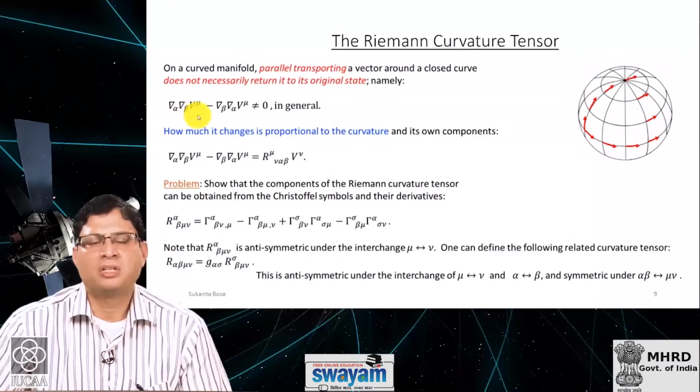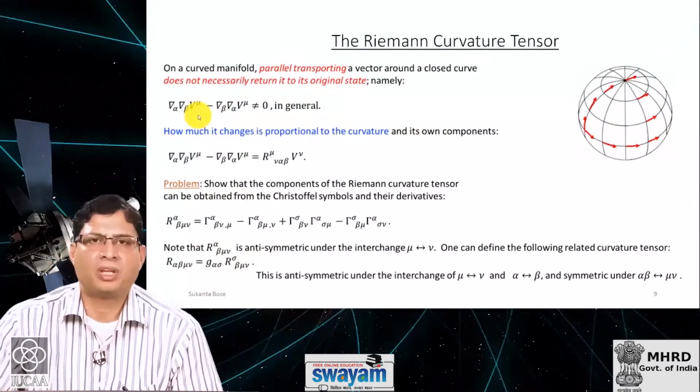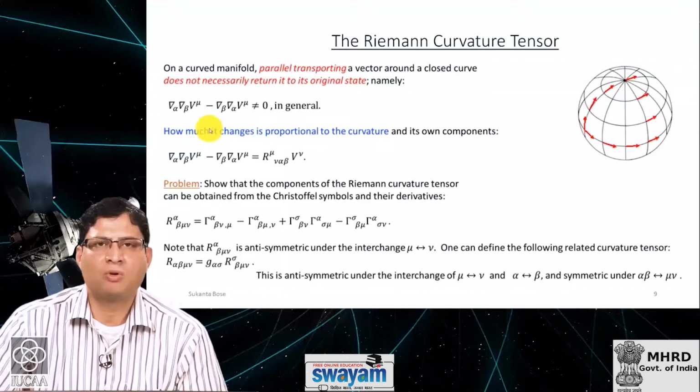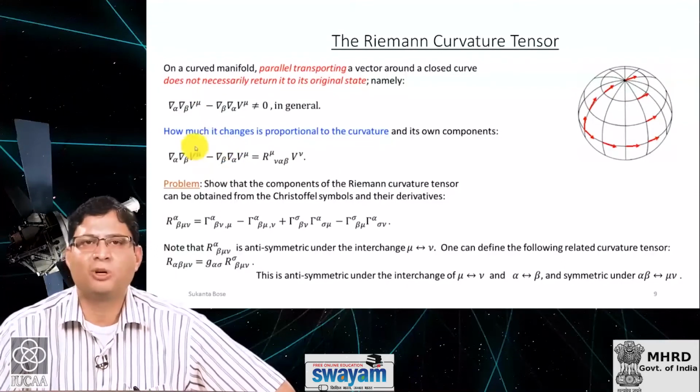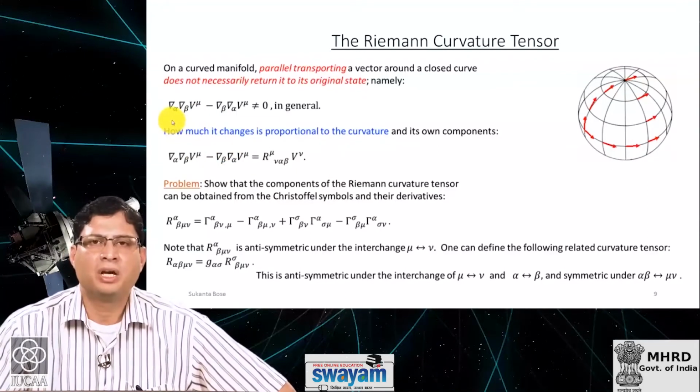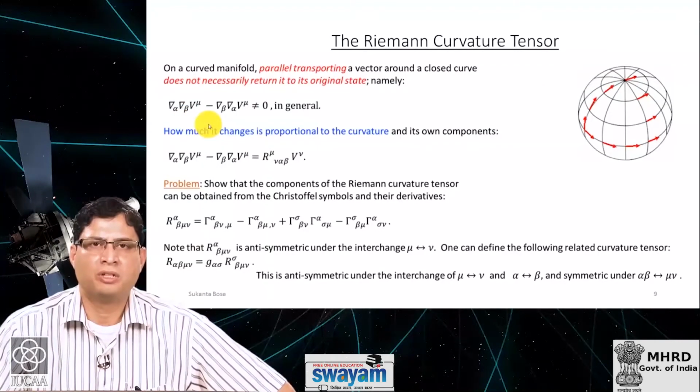I am not showing this explicitly, because this course is more like a revision, I believe, for most of you. But either you trust me on this, or you look up some textbooks, for example, the one by Robert Wald on general relativity, or Bernard Schutz, A First Course in General Relativity.